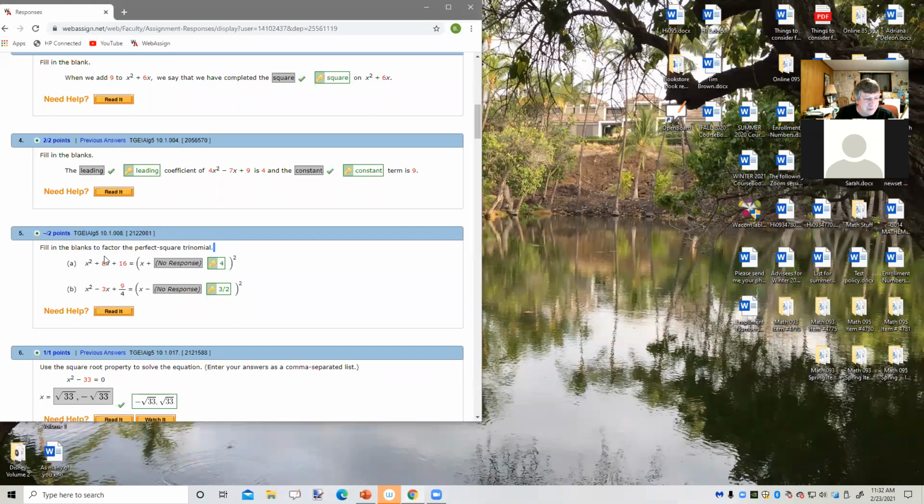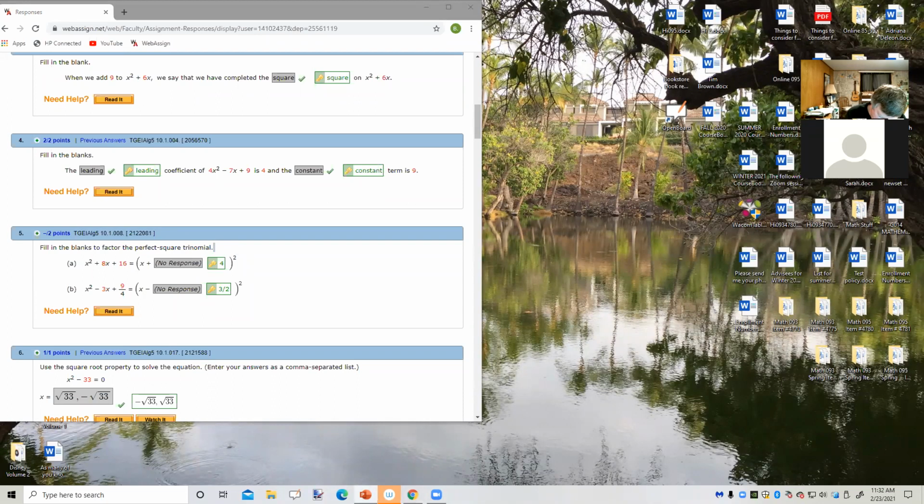Fill in the blanks to factor the perfect square trinomial. Part A says x squared plus 8x plus 16 equals x plus something. And then the second one, part B, is x squared minus 3x. Actually, hang on.